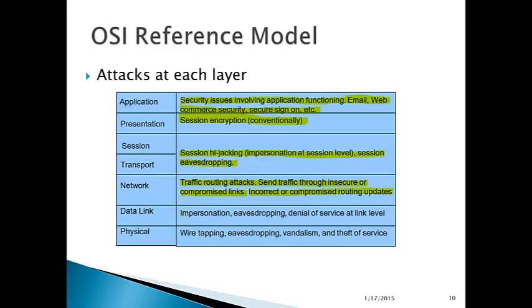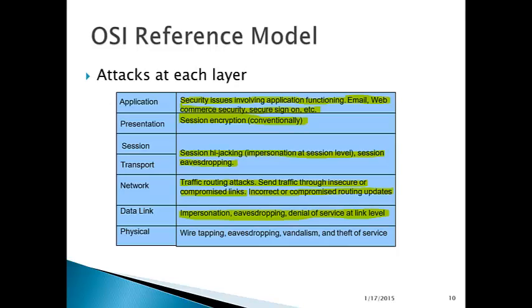The data link layer can involve impersonation, eavesdropping, and denial of service at the link level. You can wiretap, you can impersonate the endpoint, you can eavesdrop on traffic, and you can basically tell a device it's no longer in service and shut it down.